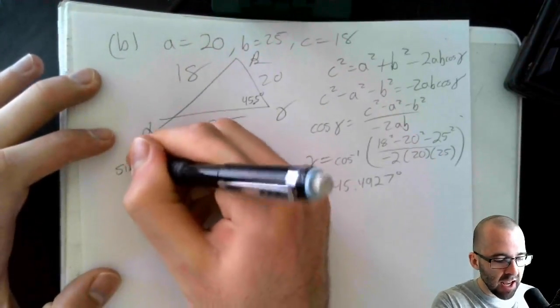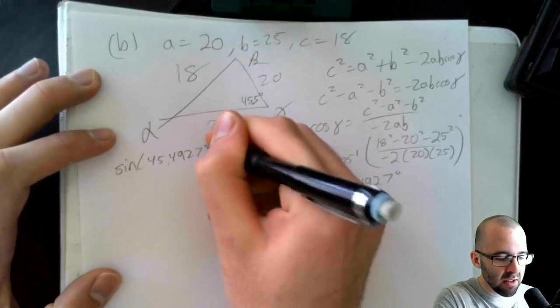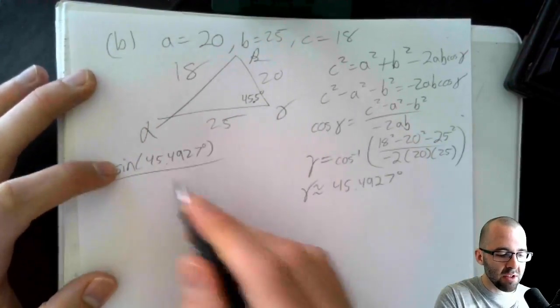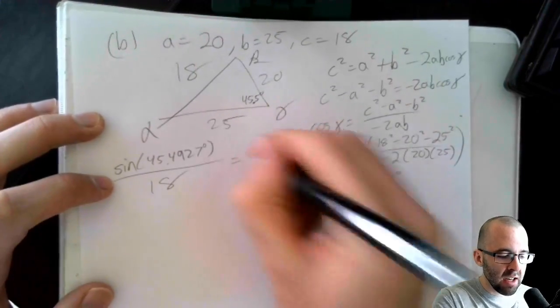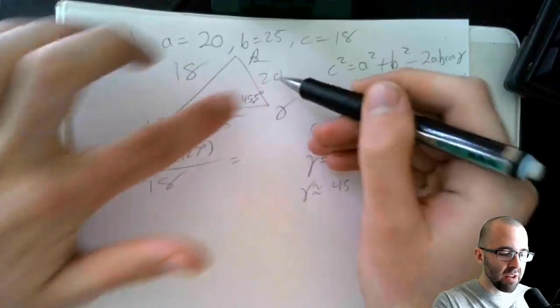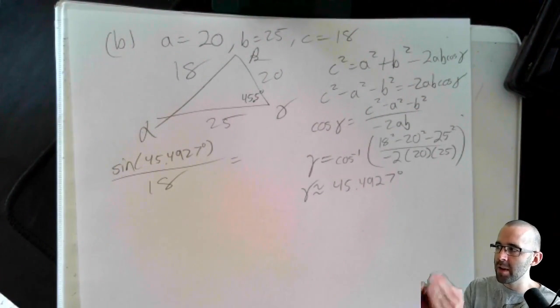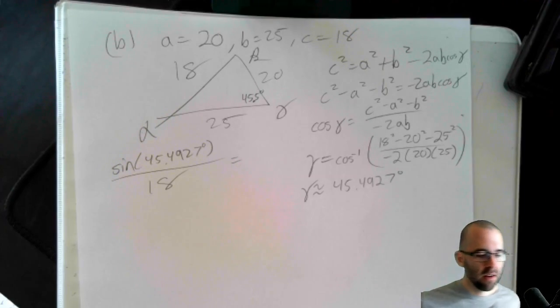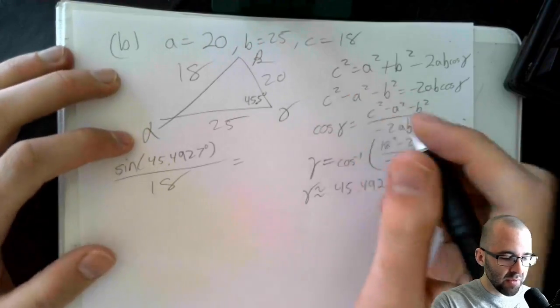We're going to get sine of gamma, which again is about 45.4927. It's usually best to use more digits when you're using it to solve something, divided by C, which was 18, is equal to, again, we can choose any pair, beta and B, or alpha and A. We can choose either pair because in each pair, we know one part of the pair and not the other. Okay? So let's find alpha. Why not?